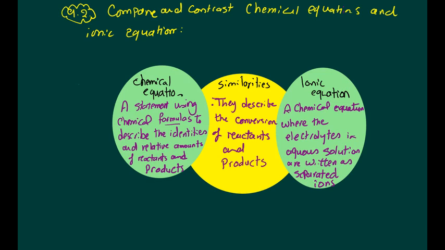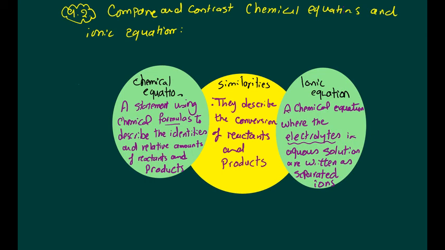While the ionic equation shows the electrolytes. We mean here the ions in aqueous solution are written as separated ions. Electrolyte, you can change it with aqueous solutions. So the ions in aqueous solutions are written in the form of dissociated ions or separated ions.